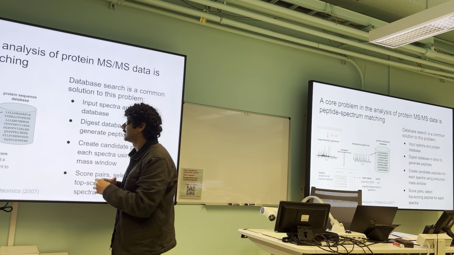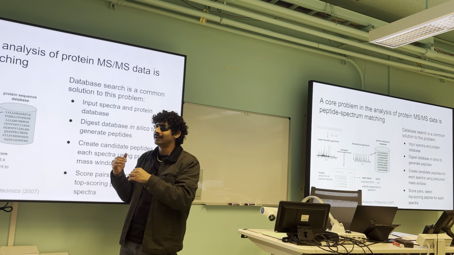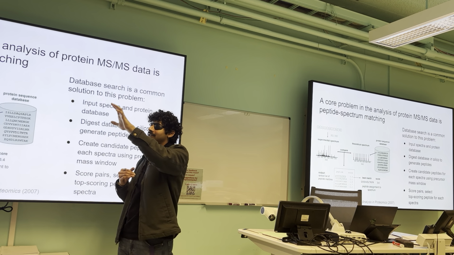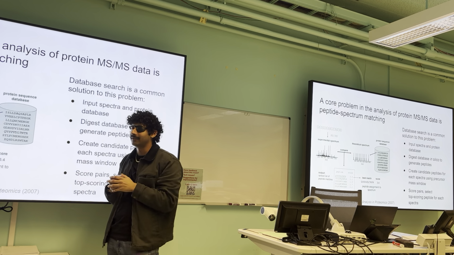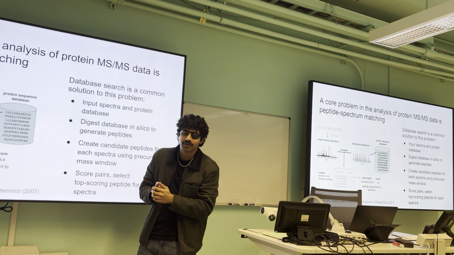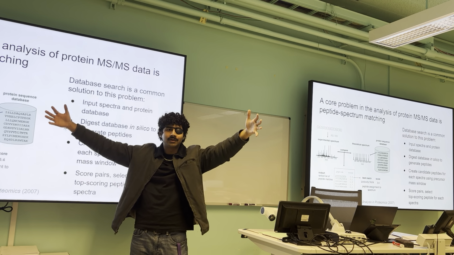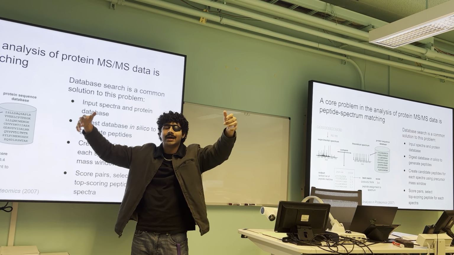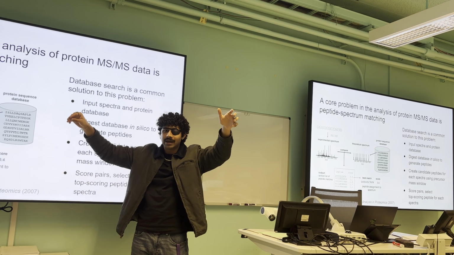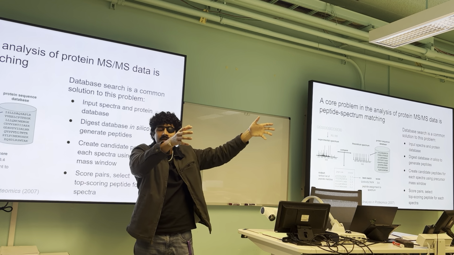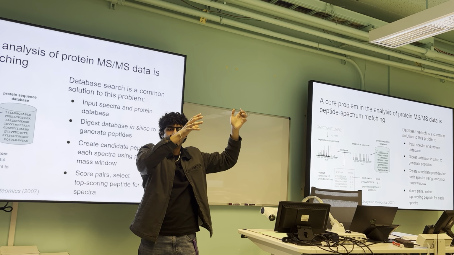So basically what this means is that you will have a list of theoretical candidates determined with a plus or minus mass over charge ratio window. So super long peptides will have a really high mass over charge ratio, and therefore only be considered candidates for spectra that also seem to have a super high mass over charge ratio.